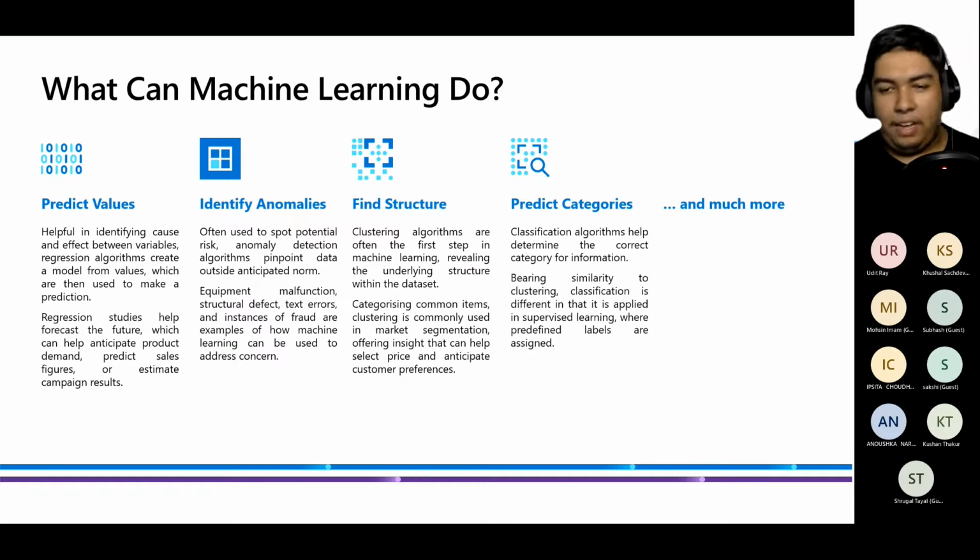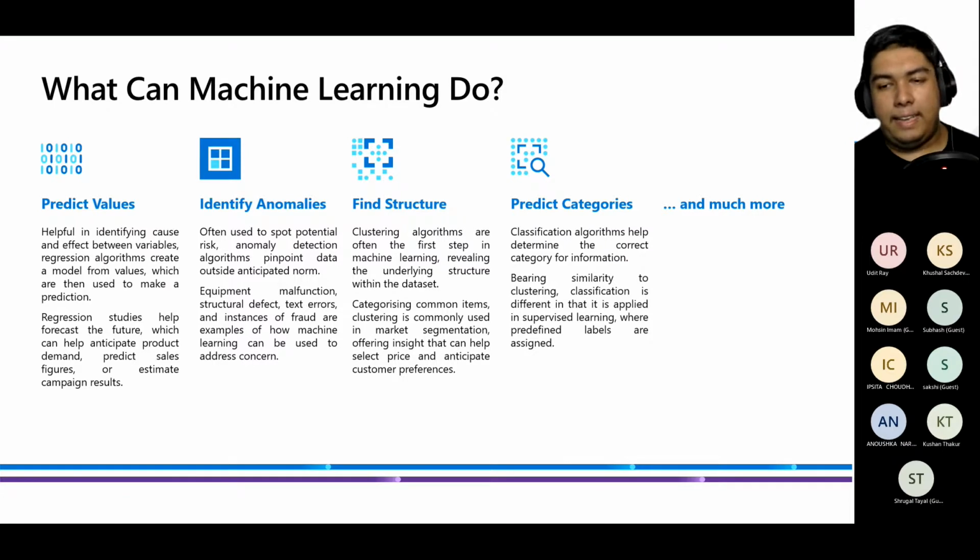Why? Because a customer may buy many different types of products, but they have an inclination towards one thing or the other, and these are patterns that are not trivial. You need some other agent to tell it to you. So machine learning can do those tasks as well, and also predict categories.